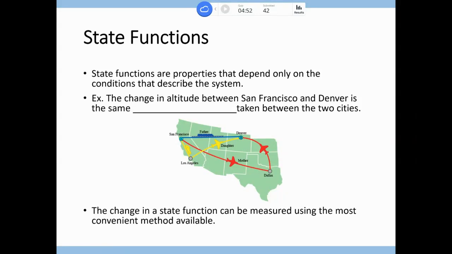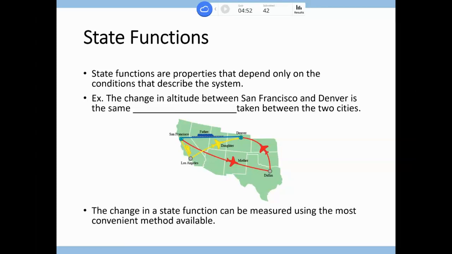So an example of a state function unrelated to chemistry is a change in altitude. So this image shows 3 family members, a father, mother, and a daughter that are all going from San Francisco to Denver. The daughter drives to LA and then flies to Denver. The father takes a train straight to Denver, and the mother flies to Dallas and then to Denver.